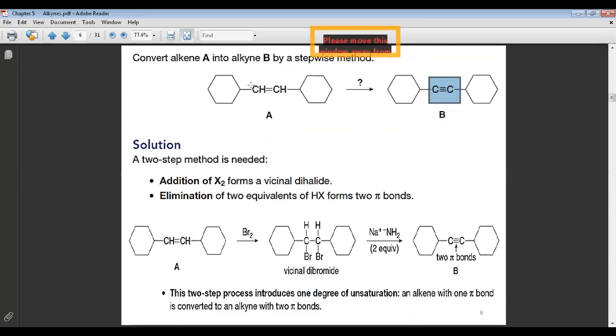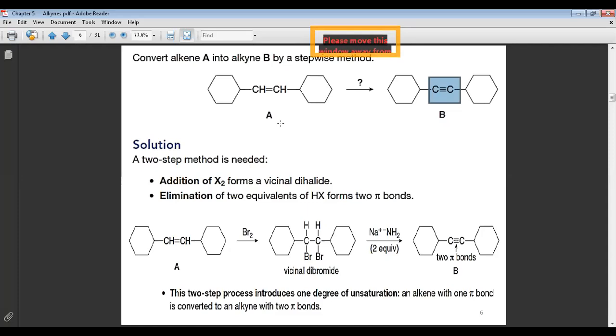We don't have a reaction to remove 2 hydrogens. What do we do in this case? We add Br2, addition of the halogen, halogenation.